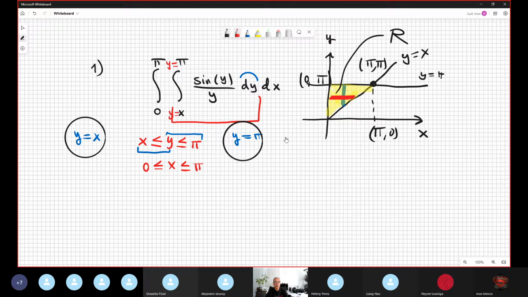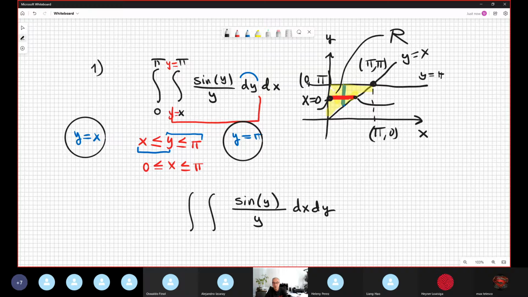So now I copy the double integral again. The integrand function stays the same, no change, but you put dx dy. The new limit for the first level of the integration, dx, goes from this value, x equals 0, to the x value of the line, x equals y.